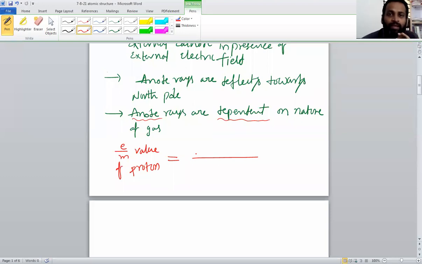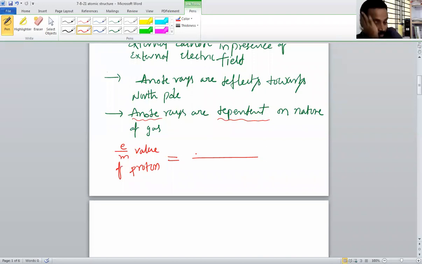The plus and minus indicate whether it is a negative particle or a positive particle. For the electron we use minus 1.602 into 10 power minus 19, but for the proton we use plus 1.602 into 10 power minus 19. The minus indicates a negatively charged particle. Who is that? Electron.